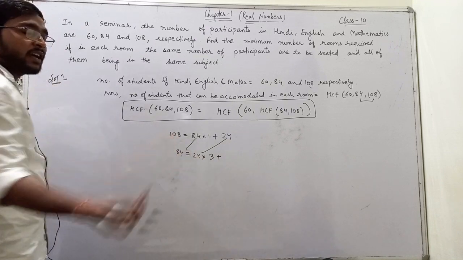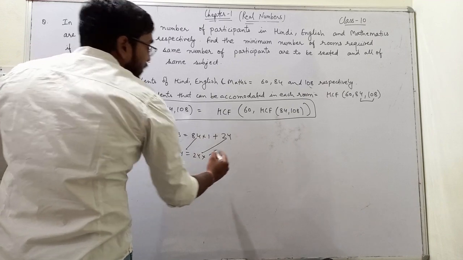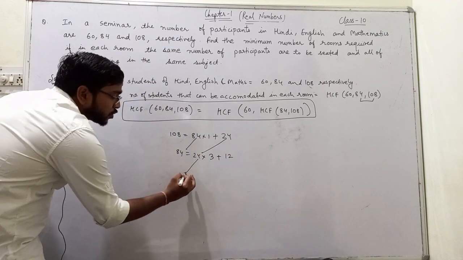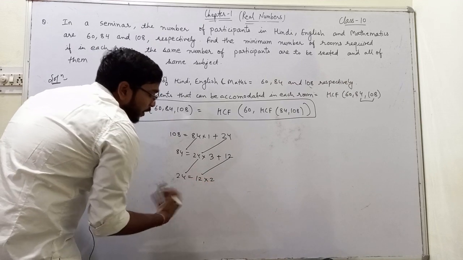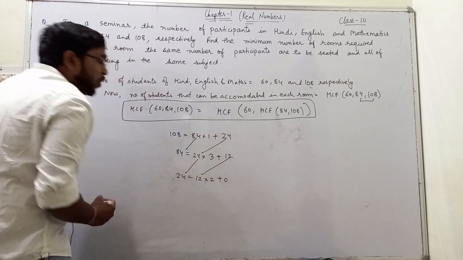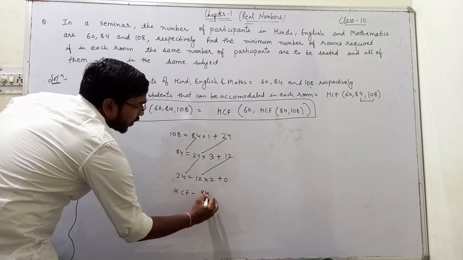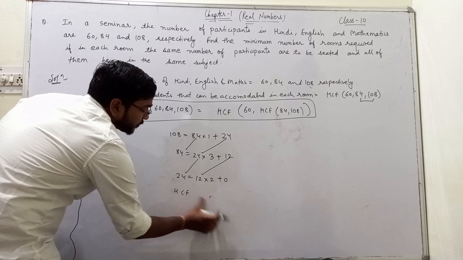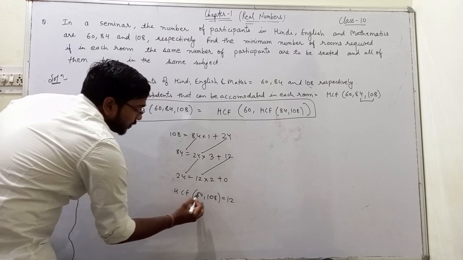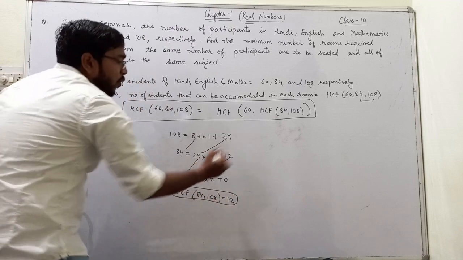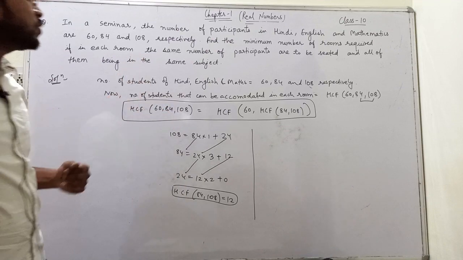So 84 minus 72 is 12. Now this 24 will come here, this 12 will come here, and it will divide 24 two times. The remainder is 0. So HCF of 84 and 108 is 12.